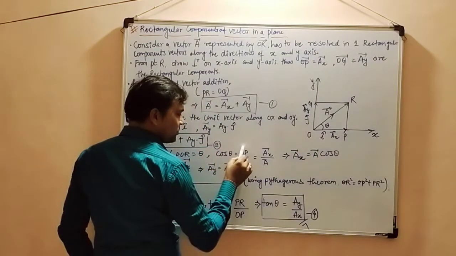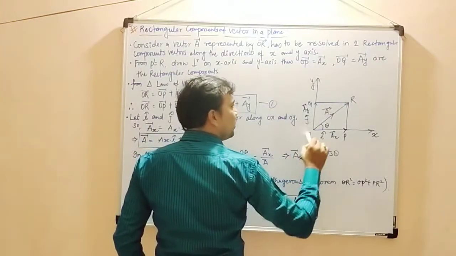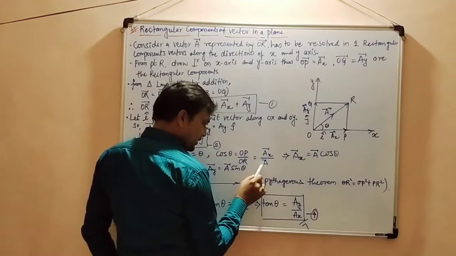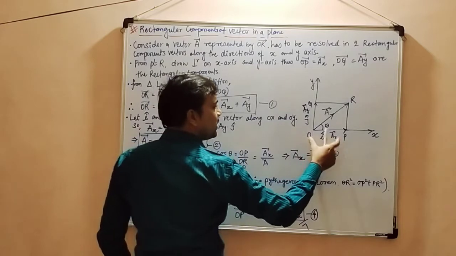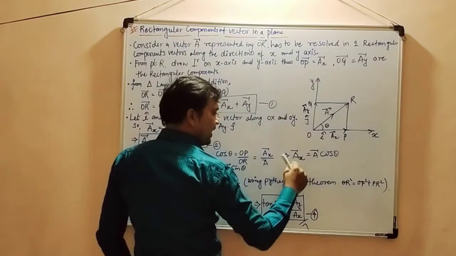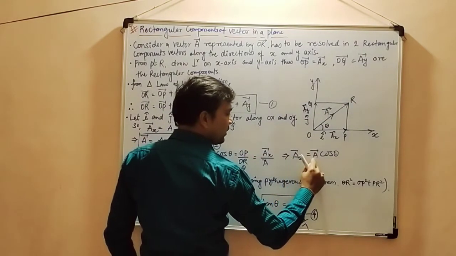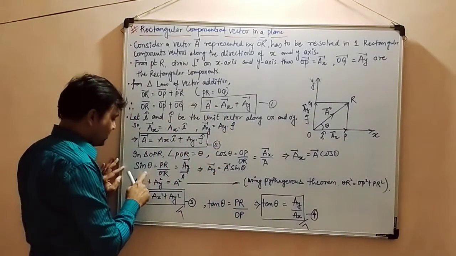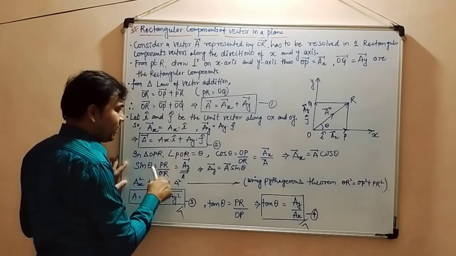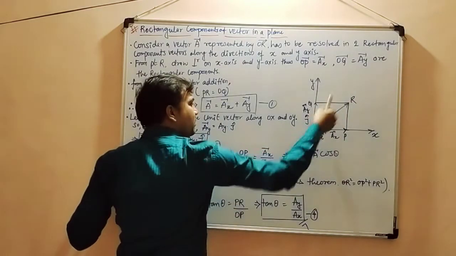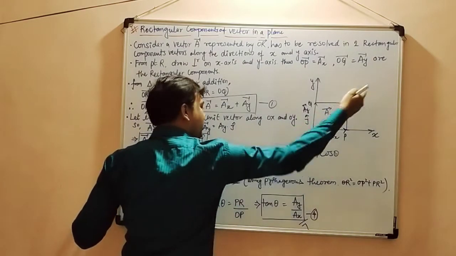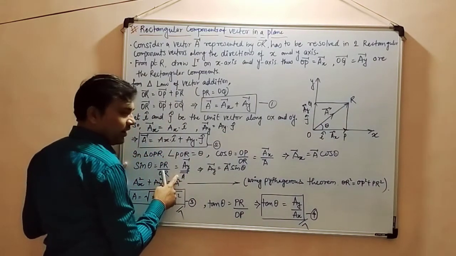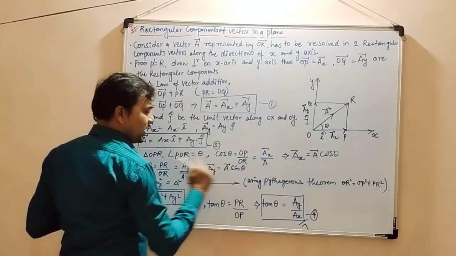Cos theta equals OP by OR, base by hypotenuse, which is AX by A. So AX equals A cos theta. Similarly, sin theta equals PR by OR, perpendicular by hypotenuse. PR is vector AY, and OR is vector A. So AY equals A sin theta.